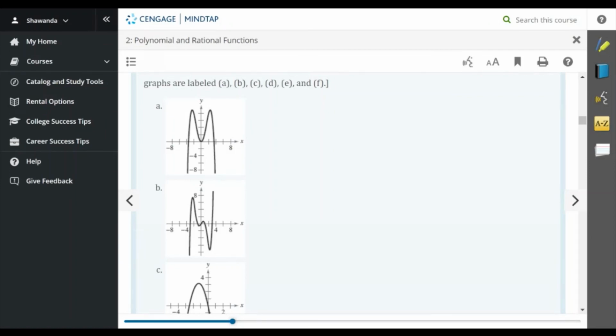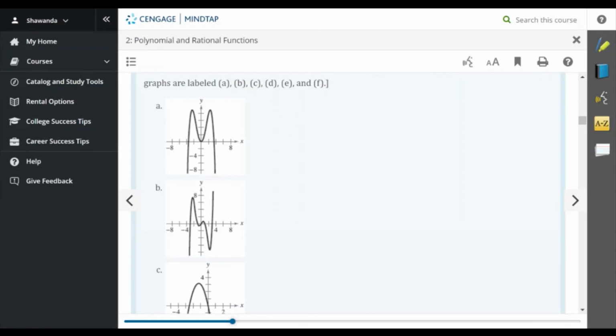Direct message me. Is this an even degree or odd degree function? Everybody else, if you haven't responded, just guess. Let's look at B because we're not on the same page just yet.